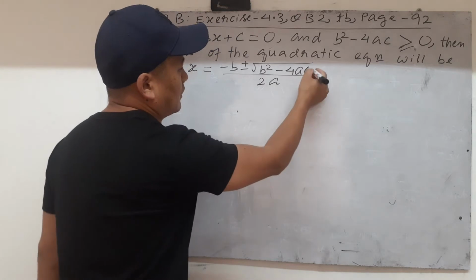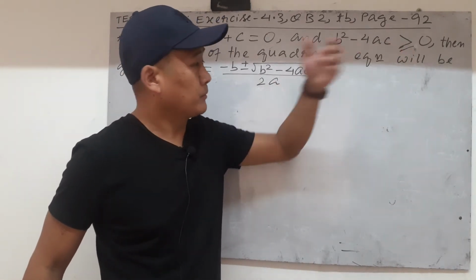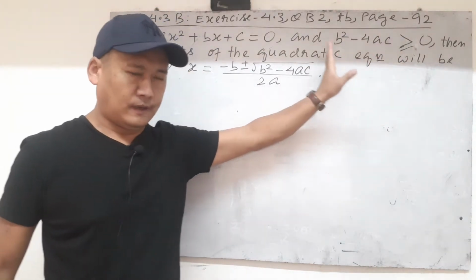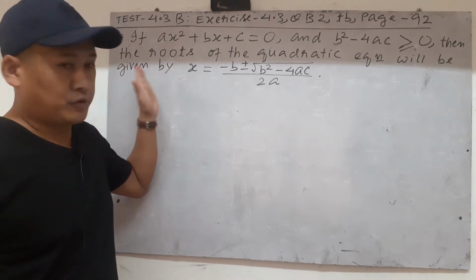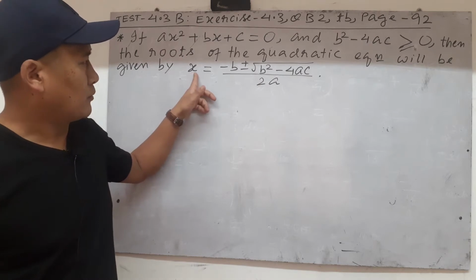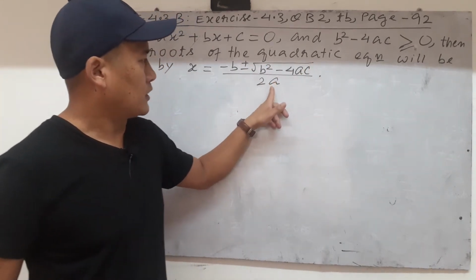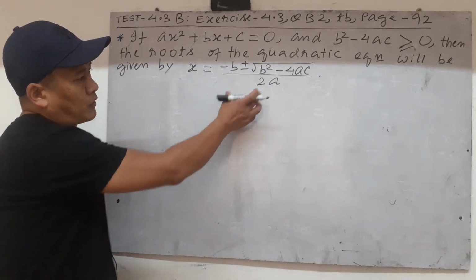So if the value of b squared minus 4ac is greater than 0, or at least equal to 0, but not less than 0, that means it's not a negative value, then there will be roots for sure, and we can find that root by using this formula x equal to minus b plus minus root over b squared minus 4ac by 2a. So memorize this formula. Okay, so this is called quadratic formula.